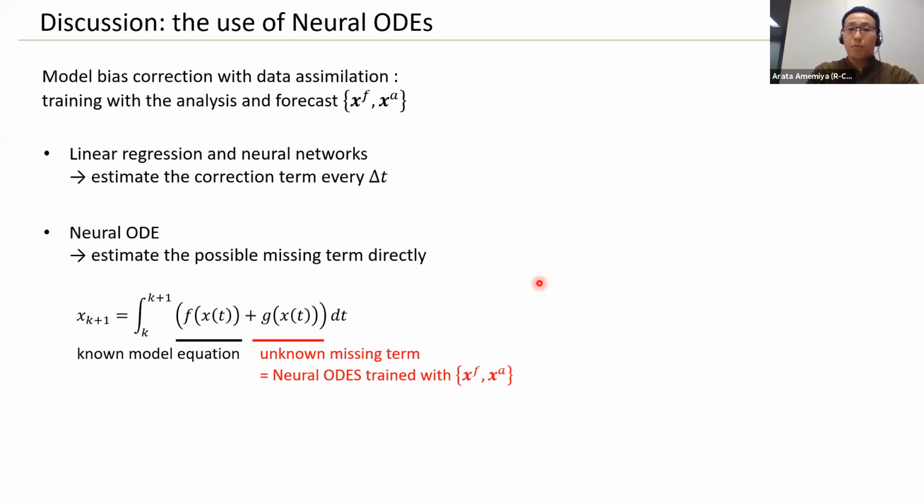Yes, that is an important point. I think we have to find a way to find this function in a low dimensional space if we implement it to the weather forecasting model, for example.